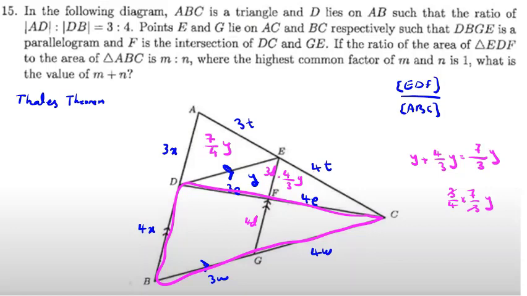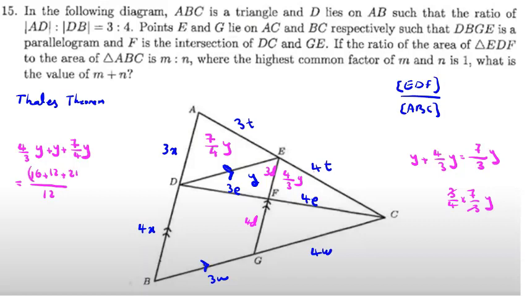If you add all these things, we have 4 over 3y plus 7 over 4y. If you consider 12, 16 plus 21, and if we simplify, it will be 49 over 12y.